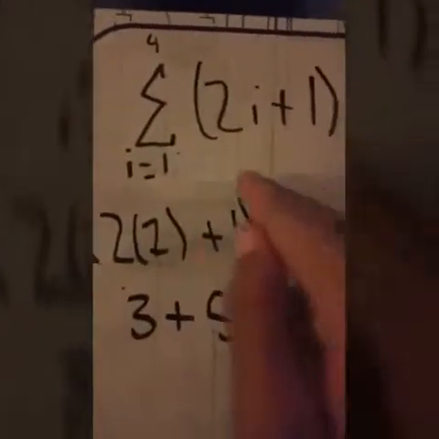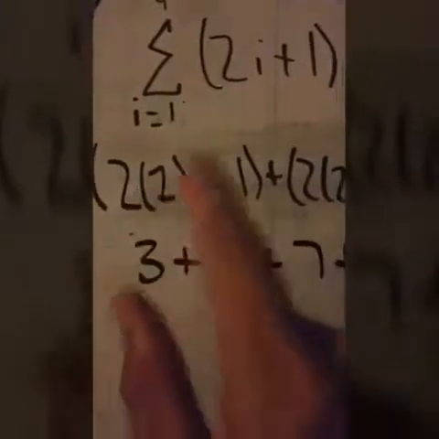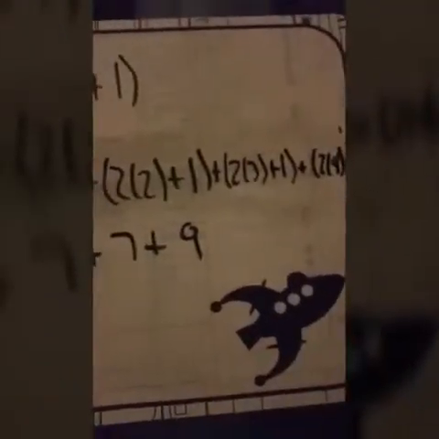Alright, sorry for that interruption. Where were we? Okay, so we're talking about summation notation. Once you have your i, you'll plug into this equation and you will go up to 4. So you have 2 times 1 plus 1, 2 times 2 plus 1, 2 times 3 plus 1, 2 times 4 plus 1.